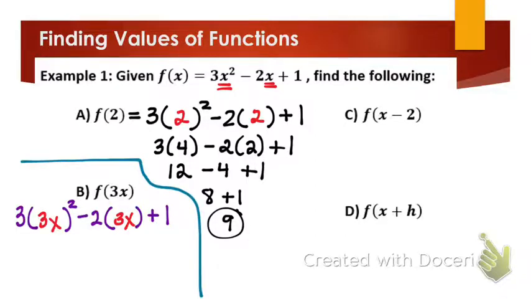We're going to follow order of operations. First step would be to evaluate your exponent. So 3x times 3x, what is 3x times 3x? 9x squared. So this will change to a 9x squared.